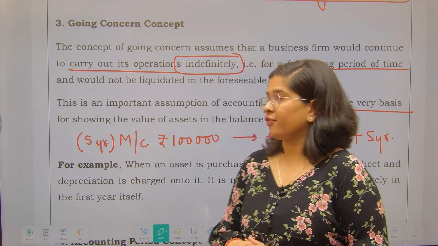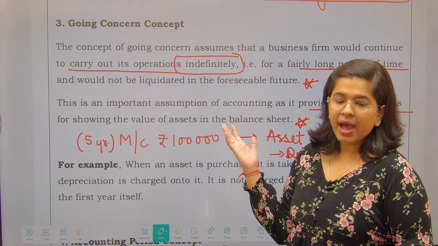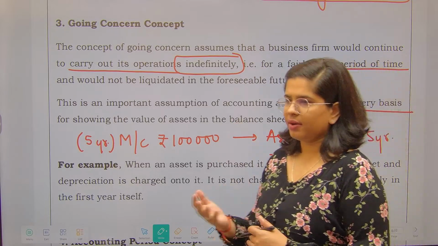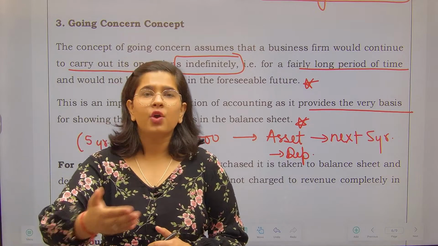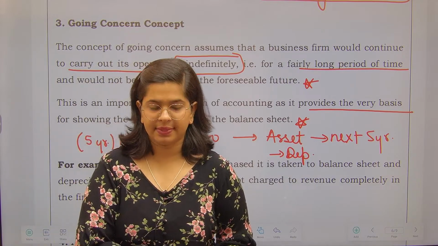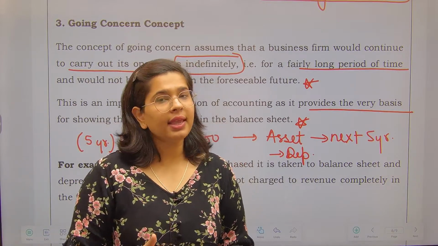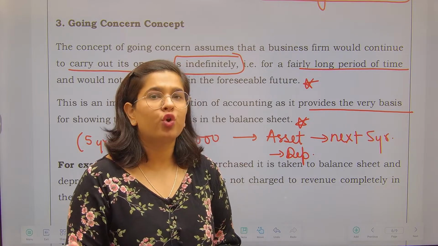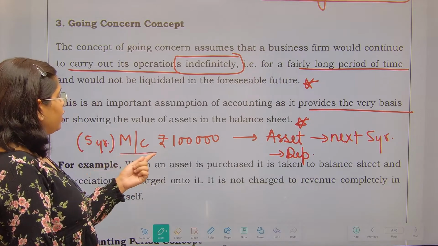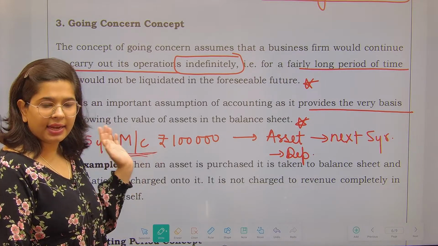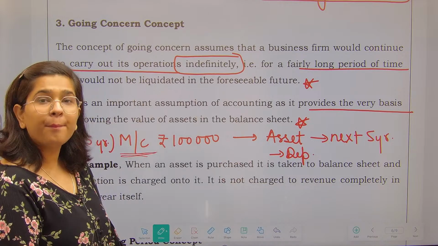Now suppose we would have made the assumption that no, we will not be continuing for a longer period of time. Just the next year, we have to close down the business. If you are thinking that just the next year you have to close down the business, in that particular case this machinery will not be taken as an asset and it will be charged to the P&L.